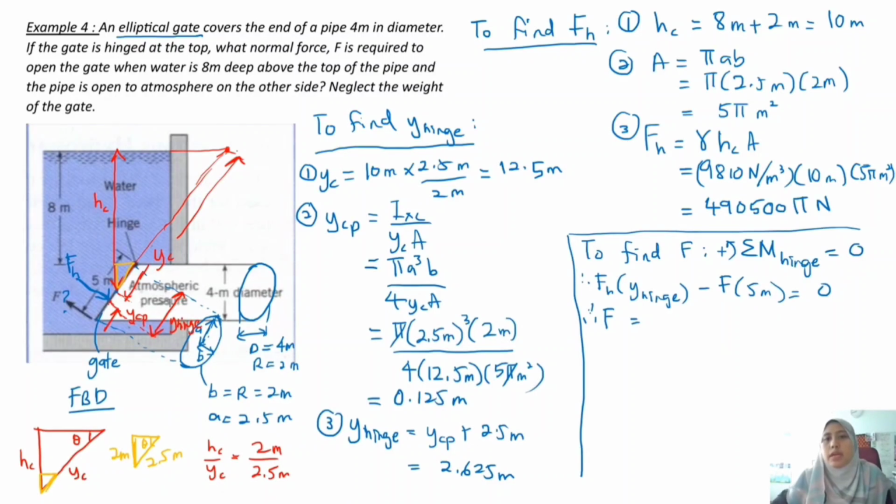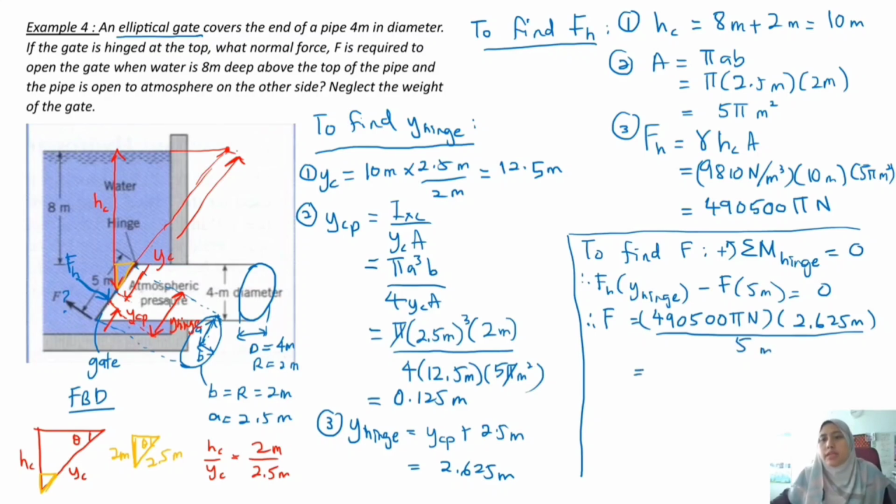Therefore, F is F hinge times Y hinge divided by 5. F hinge is 490,500 pi Newton times Y hinge. Y hinge is 2.625 meters divided by 5.